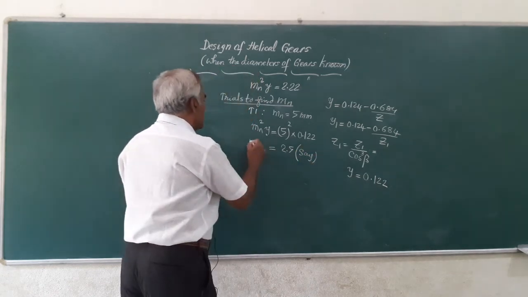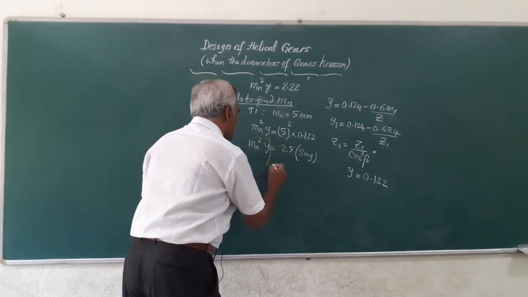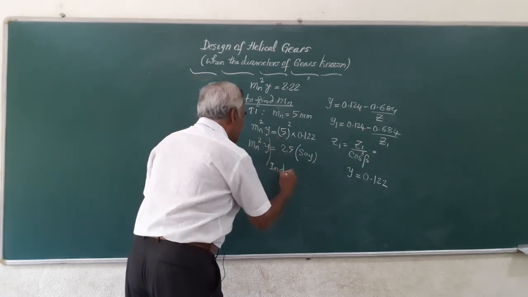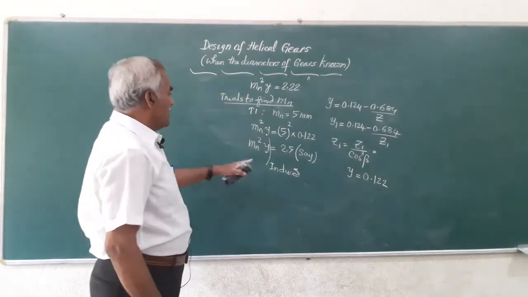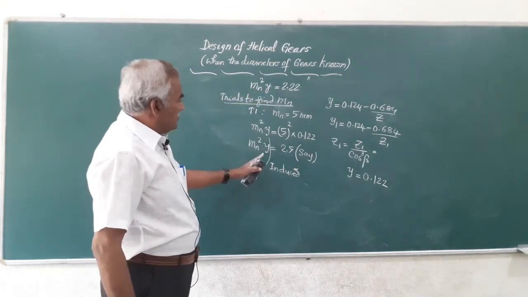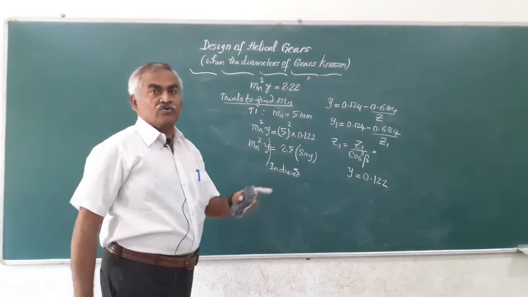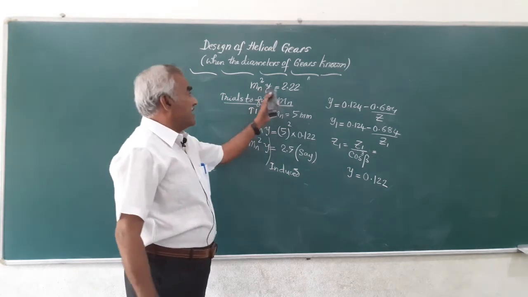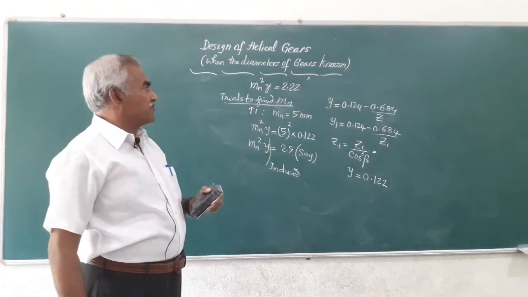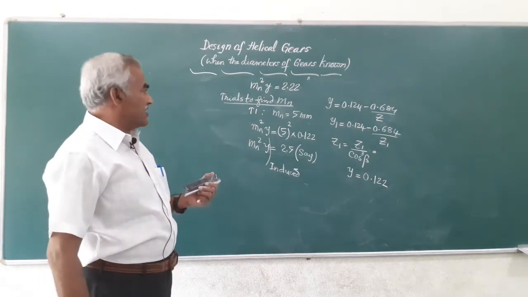This is mn square y, an induced value, and whatever I got from the formula is the permissible value. And if you compare this mn square y permissible with mn square y induced, you find that the induced value is higher than the permissible value, and hence this is not satisfactory for a good design.